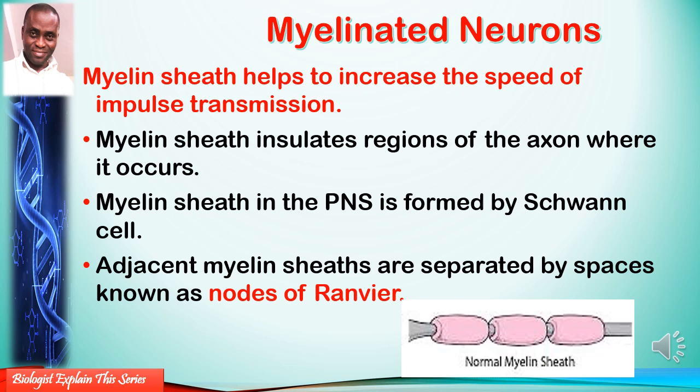In between adjacent myelin sheaths, you've got a gap, a space called the node of Ranvier. That node of Ranvier is not insulated by myelin sheath, so you could have ionic exchanges between the extracellular fluid and the cytoplasm of the axon. And so that's the picture in terms of the structural design of a myelinated neuron.